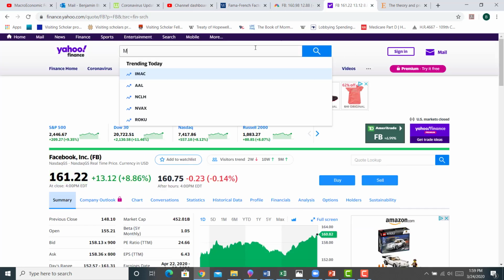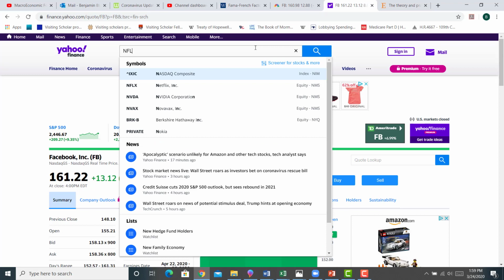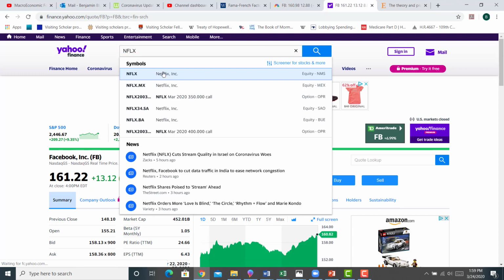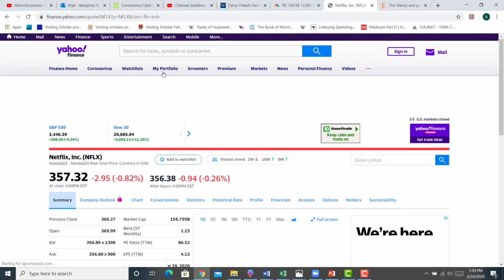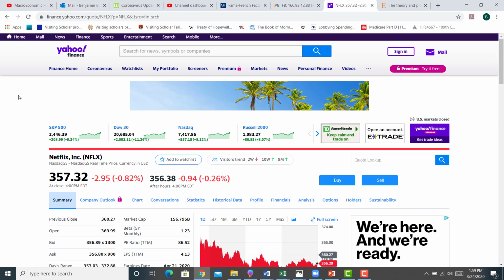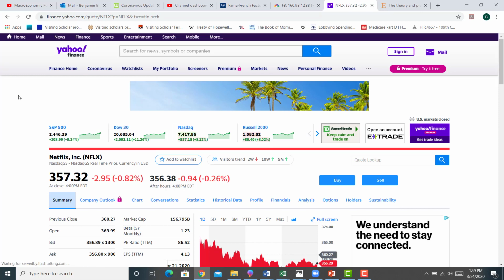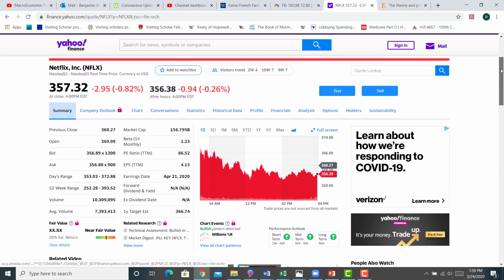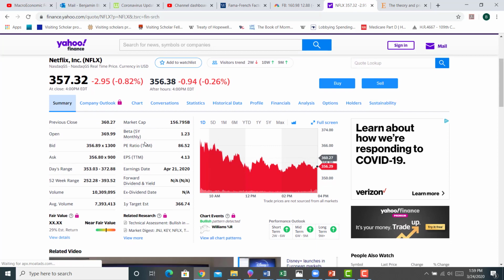If I go to Netflix, Netflix is an interesting company. Some of you remember back in the day when Netflix first started, you basically order DVDs and they would mail them to you, and then you'd have to mail them back when they were due. All right. Now Netflix is not only a streaming service, but they're making new movies all the time, and Netflix has done well.